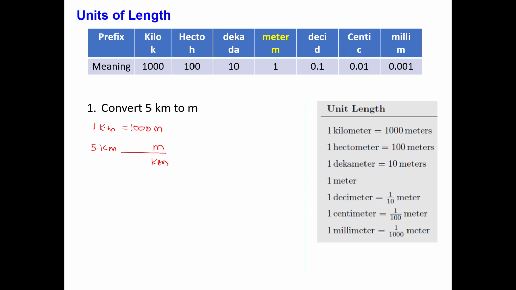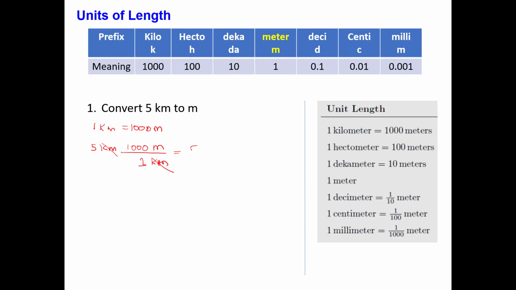Then we need to write the conversion factor in the right way. Then 1 kilometer equals 1,000 meters. Then kilometers and kilometers cancel out.